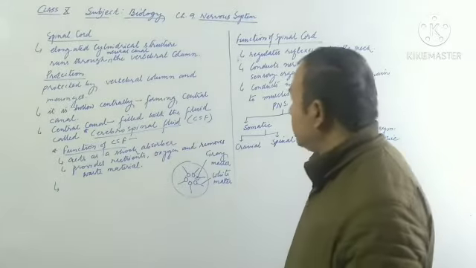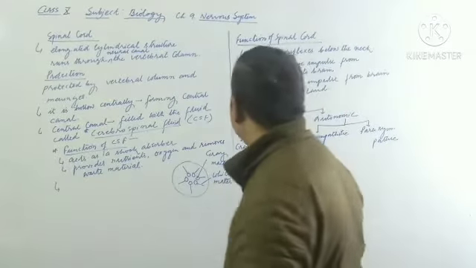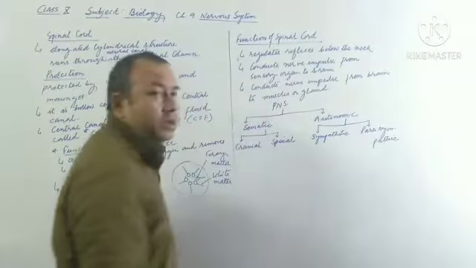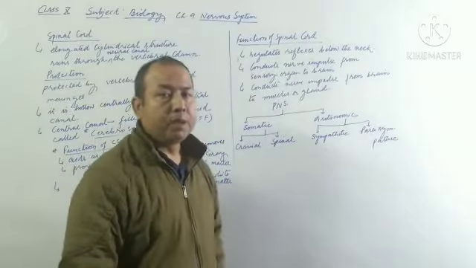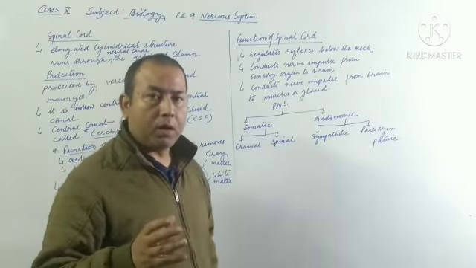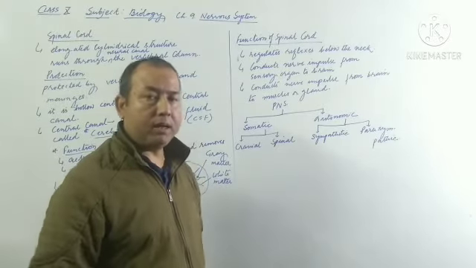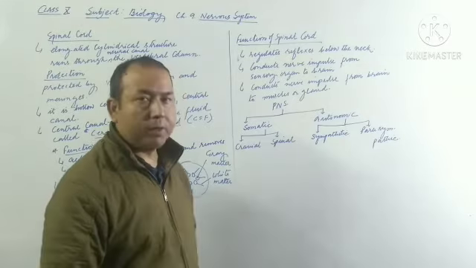So just now we learned about the CSF fluid and spinal cord. Then comes the function of spinal cord. Spinal cord is mainly responsible for regulating all the reflex actions. About reflex action we'll be learning after this topic.